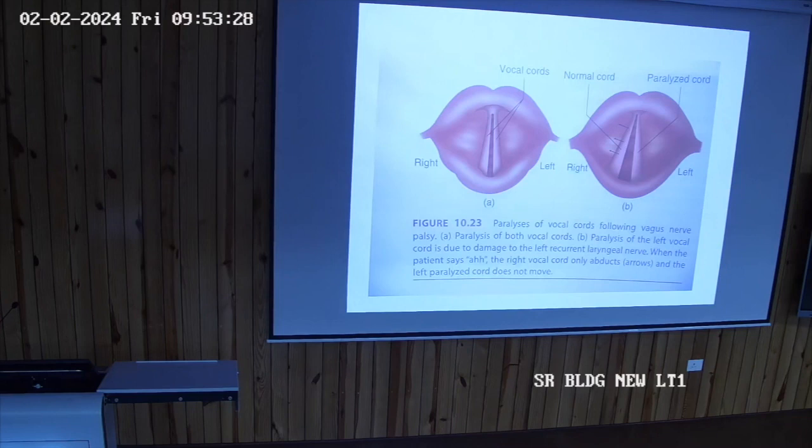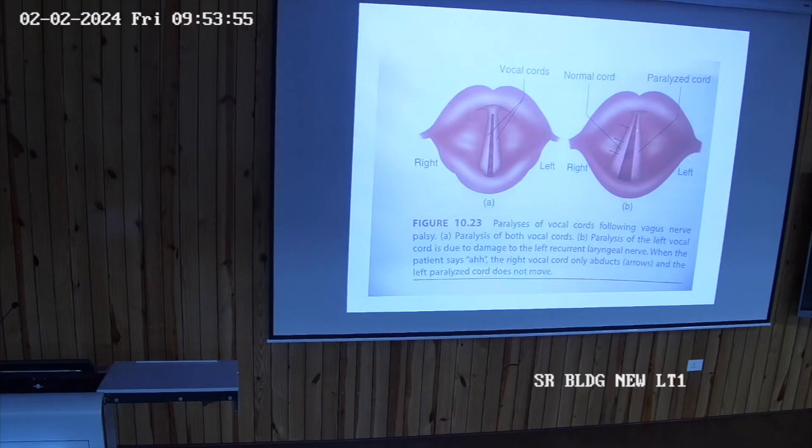In laryngoscopy, when the vagus nerve is paralyzed, both the vocal cords are adducted, not abducted. And see this one, this is where the vagus nerve on one side is paralyzed. On that side the vocal cord is not abducted and remains in the adducted condition.